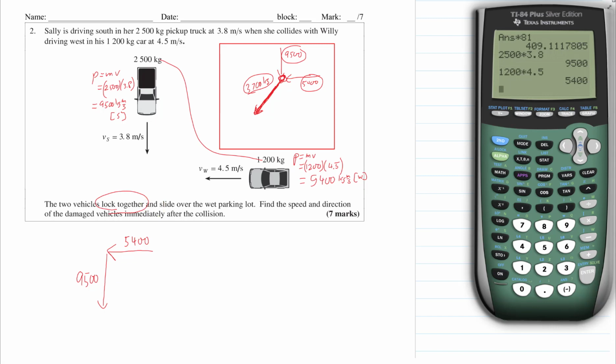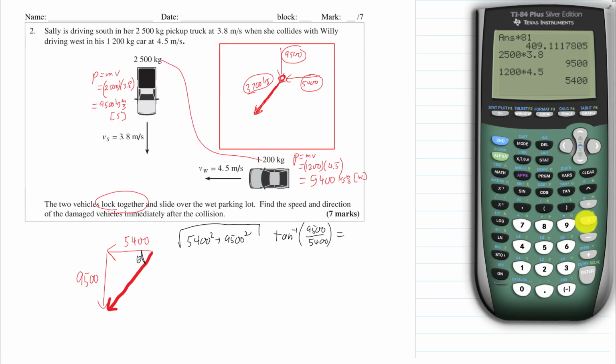So the resultant vector velocity that we want is this thing. So Pythagorize this out, and that's going to be 5,400 squared plus 9,500 squared, all square rooted. And then we'll do the inverse tan of 9,500, the y over the x, because that's always the angle against the horizontal. So the vertical is always going to be the opposite. So it's always the y over the x.